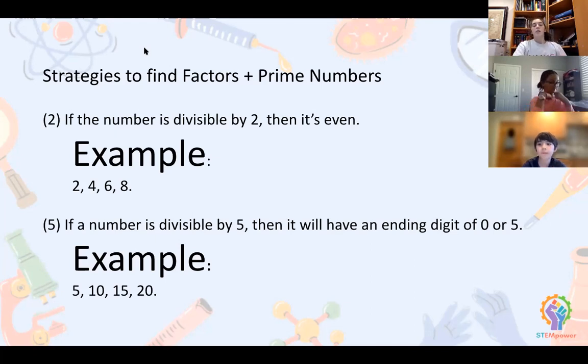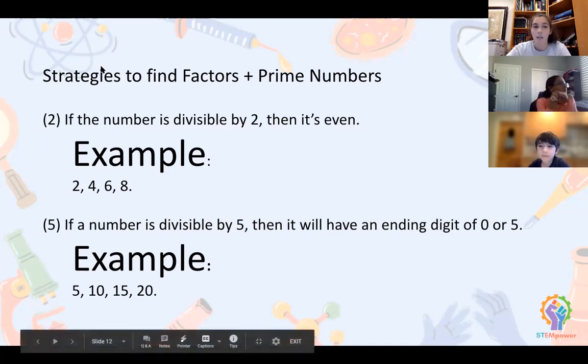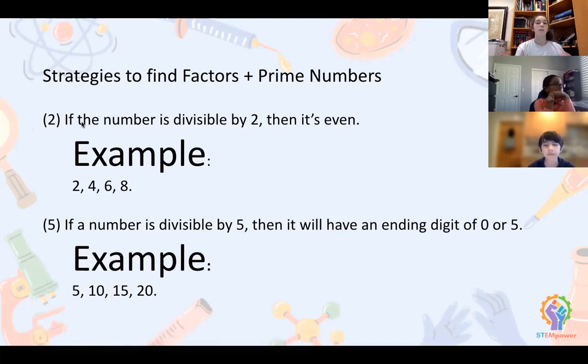So we are going to learn about how to factor each of them by certain numbers. If a number is divisible by 2, then it's even. So any number that ends in a 0, 2, 4, 6, 8, if it's even, then it's divisible by 2. I don't get it.